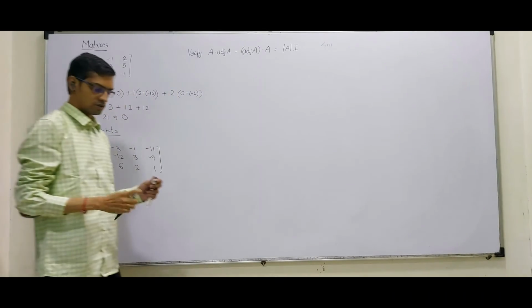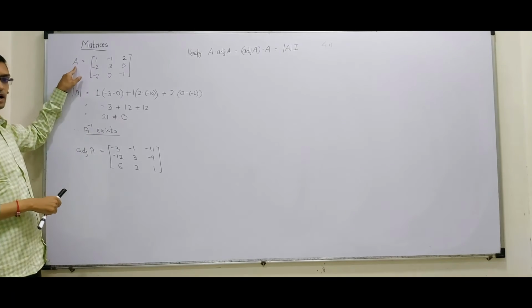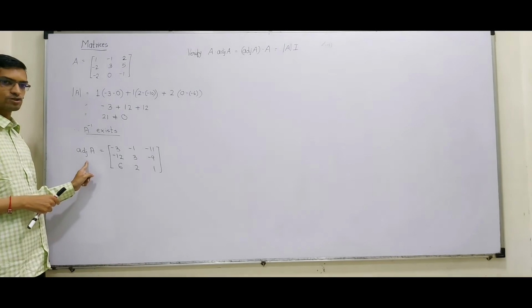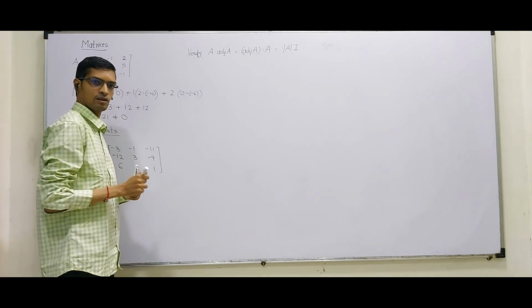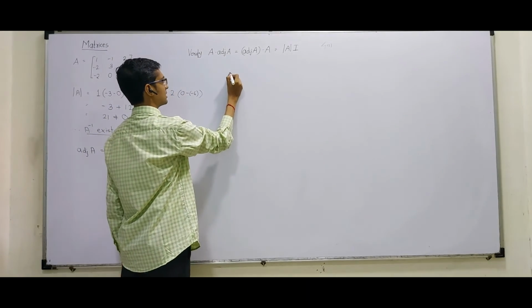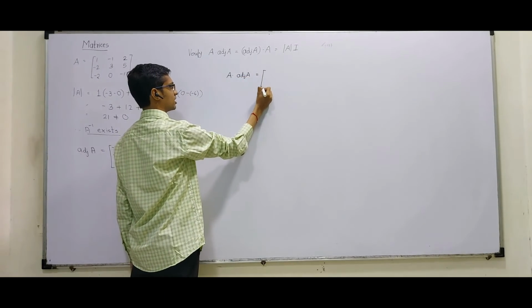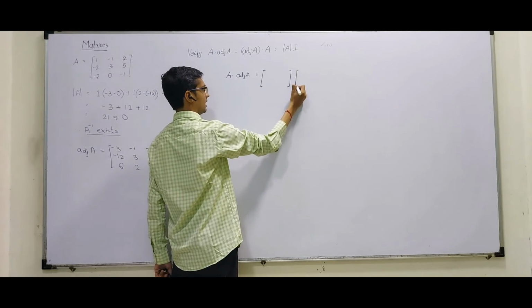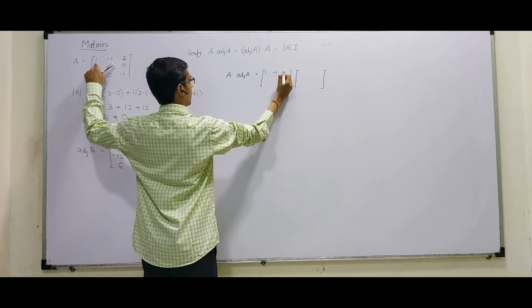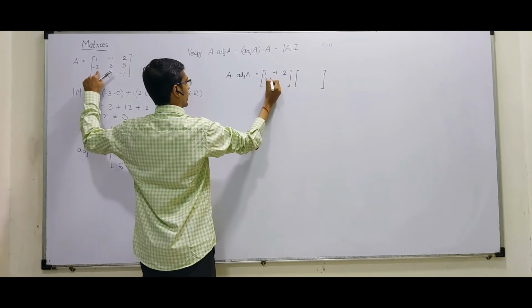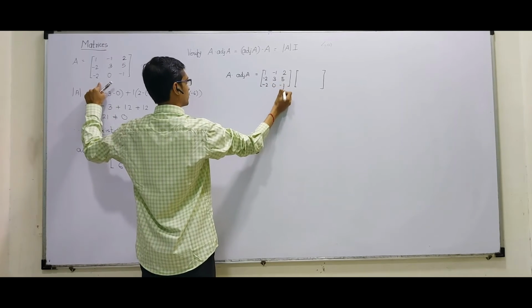Clear? So see, since we have done everything in the last sum, I have taken A matrix as it is and I know what is adjoint A. What is the first part? A into adjoint A. Correct? So I will find A into adjoint A, that is matrix multiplication of A and adjoint A. A is 1, -1, 2, -2, 3, 5, 2, 0, -1.